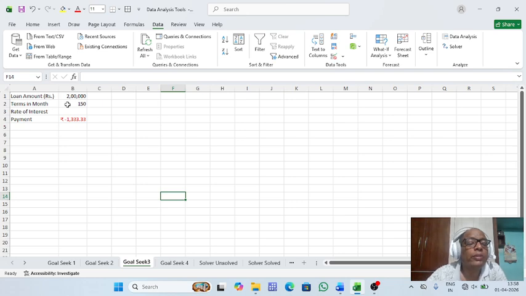Excel assumes the rate of interest is 0. So if the rate of interest is 0 and the term is 150 months, it gives a payment of 1333.33 rupees. The formula is PMT equal to PMT(B3/12, B2, B1), where B3 is the rate of interest divided by 12.